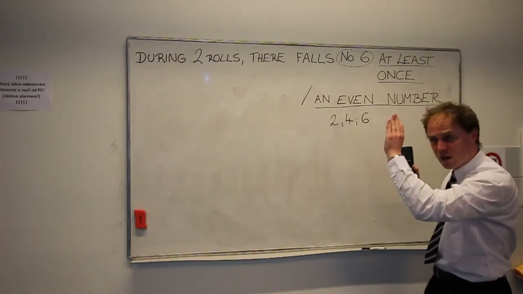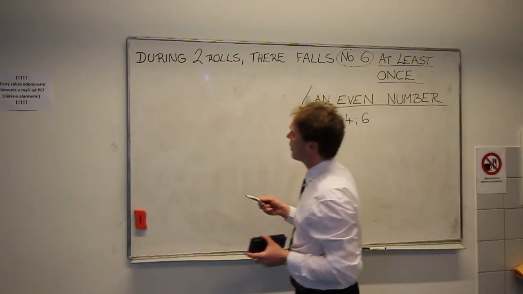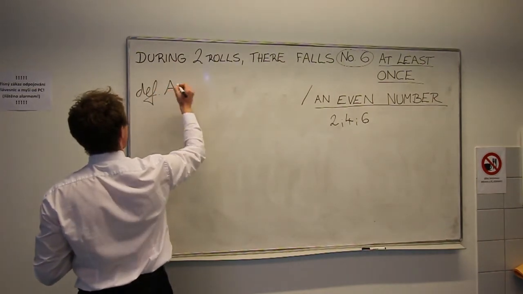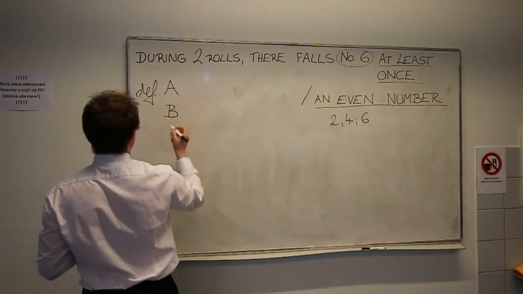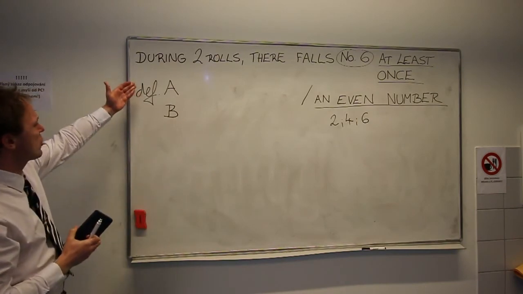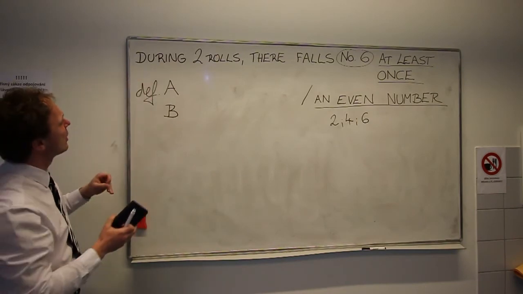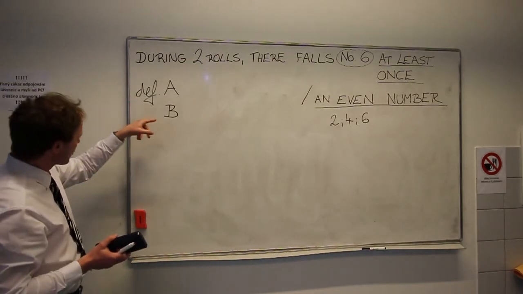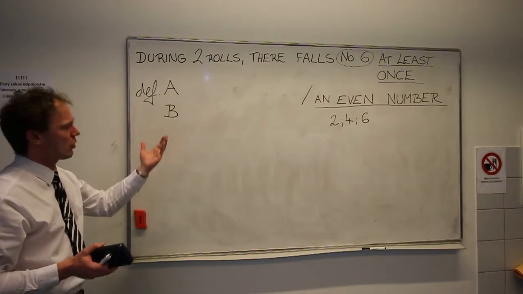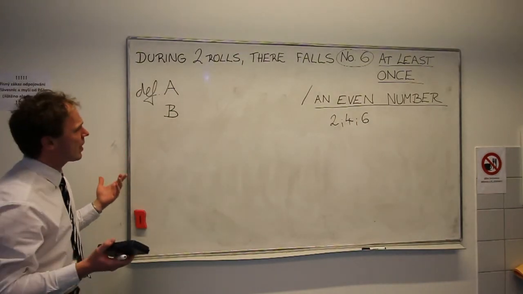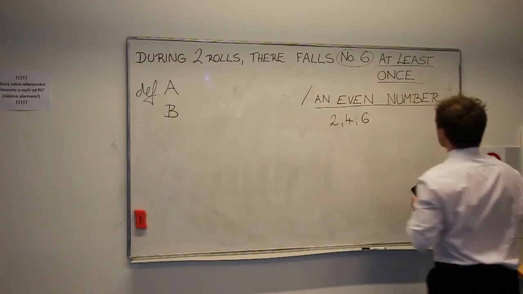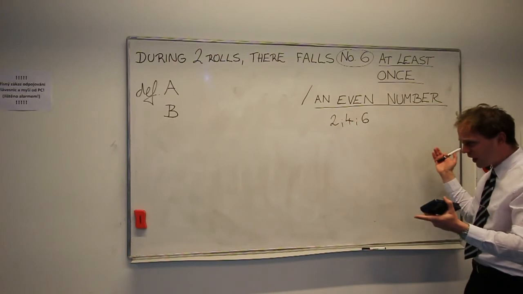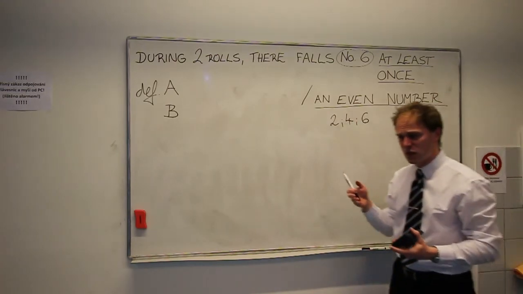So we have a definition of random event A and random event B. Yes, and you can imagine the definition of random event A is during first roll we will see an even number. Definition of B: during second roll we will see an even number. Yes, and at least once. It means either in the first case, or in the second case, or in all cases together.